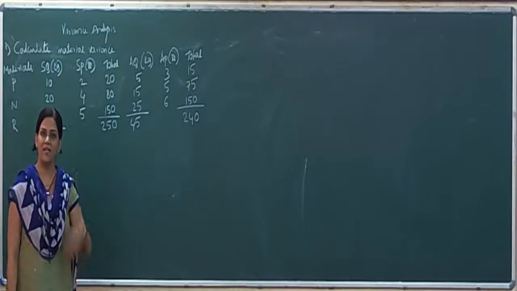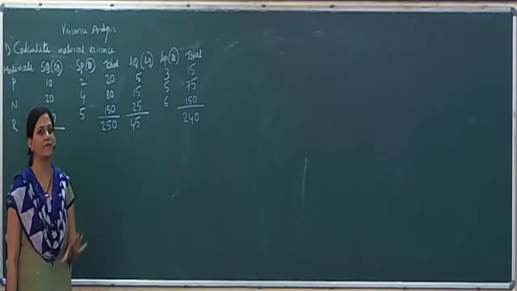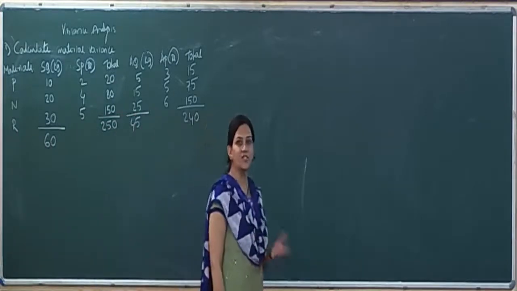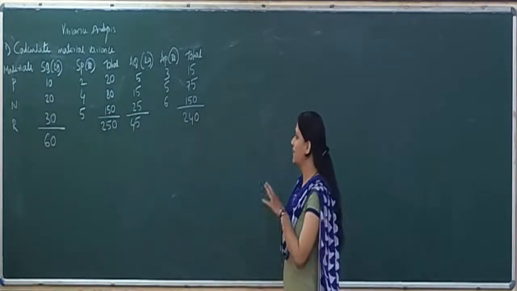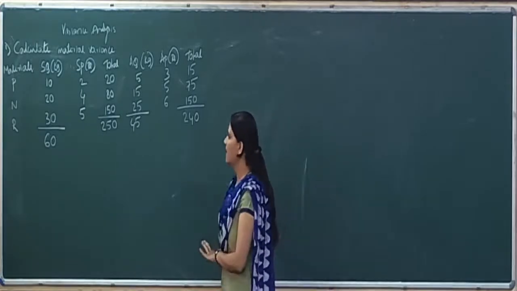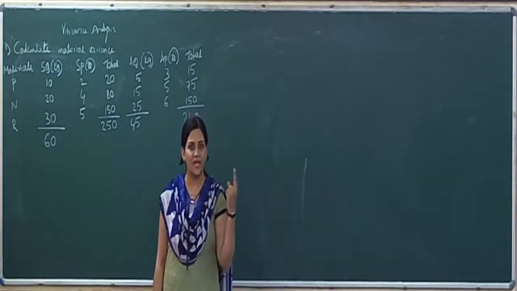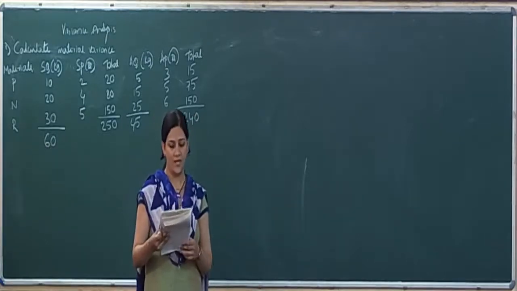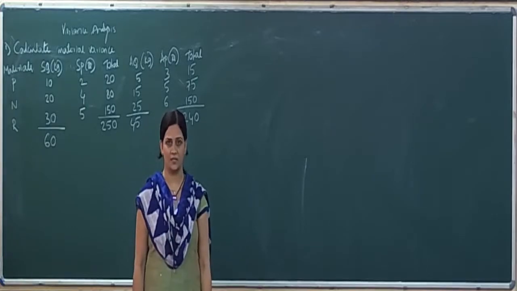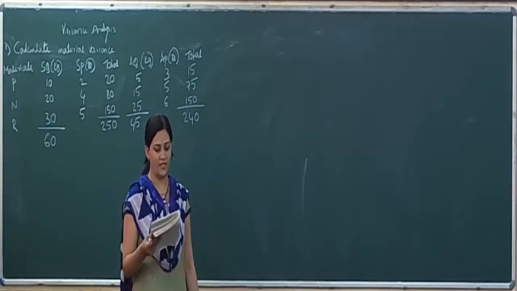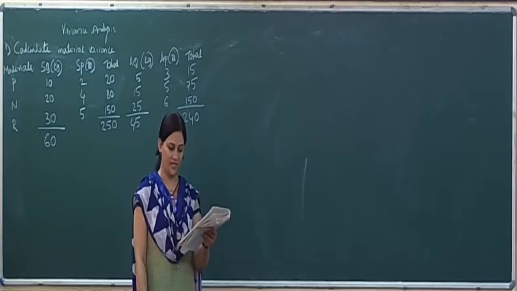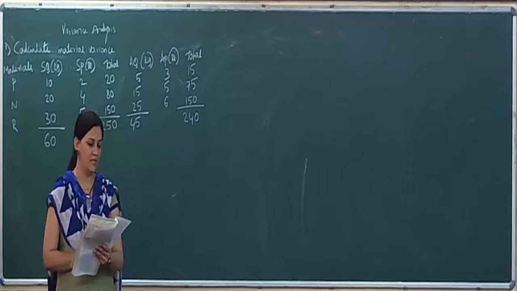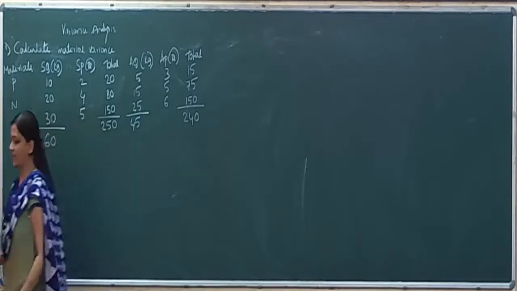When it comes to material variance, we have different types. The first could be material cost variance: what is the actual price and standard price, and what is the variance in the price? Next could be material price variance. After material price we have material usage variance, and then material mix variance and then material sub usage variance.